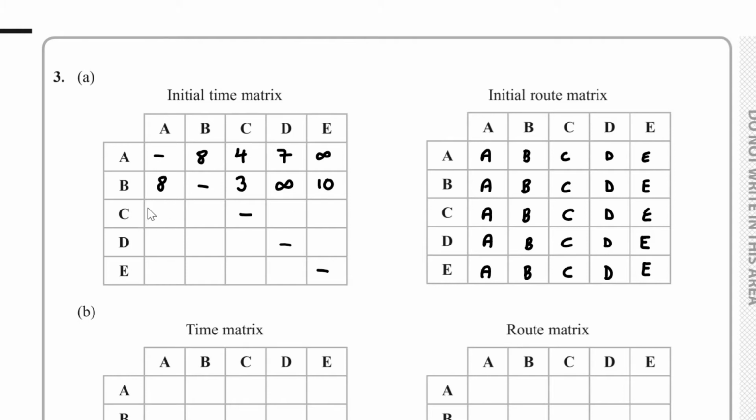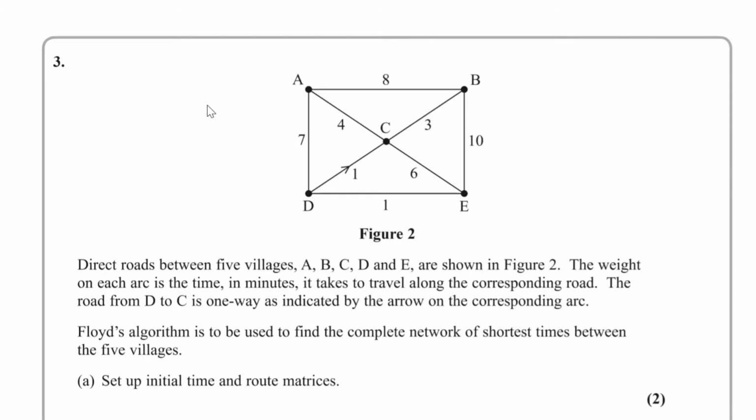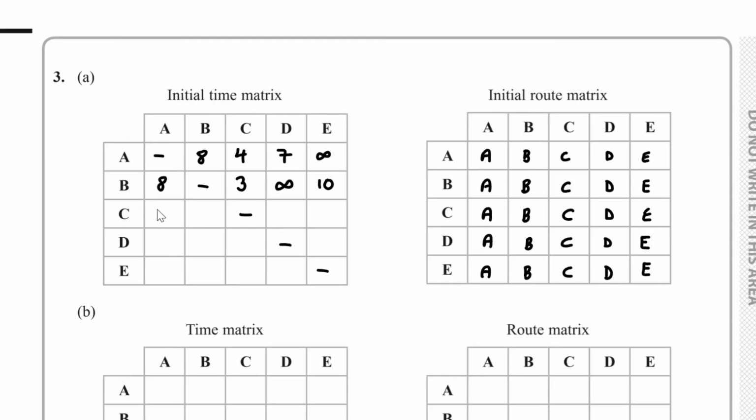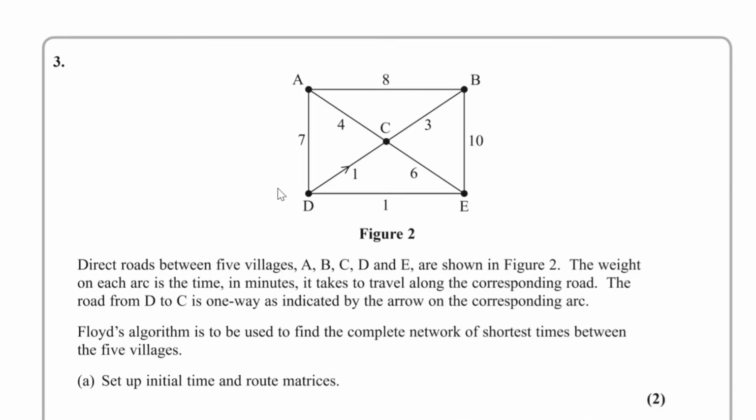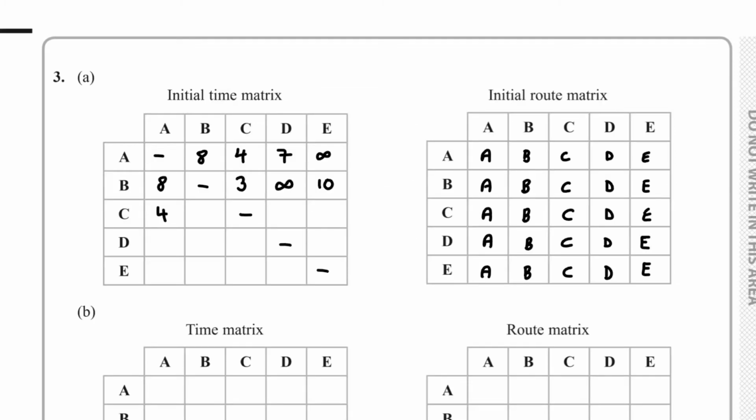Now if we take a look at CA, that's 4. If we take a look at CB, that's 3.